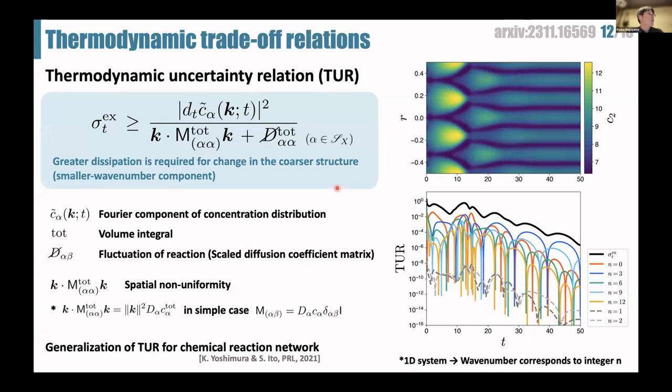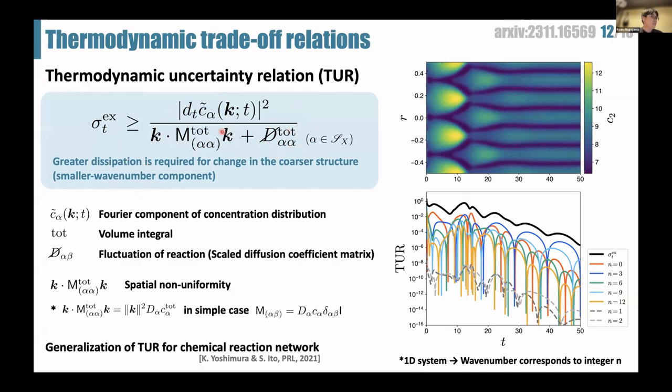Then I explain the detail of the TUR. The TUR is this form, and the denominator of the right-hand side includes 2 contributions. The second contribution is a kind of indicator of fluctuation of reaction, and it does not depend on the wave number.